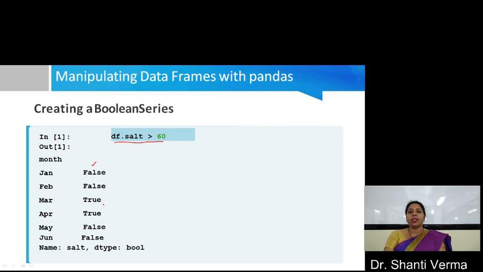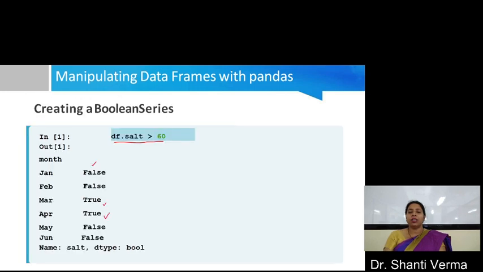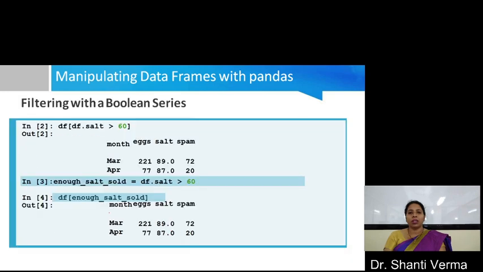So you can see in March and April it gives true because the data in the salt column is 89 and 87 in March and April, which is greater than 60. But in the others the value is not greater than 60, so it gives false.